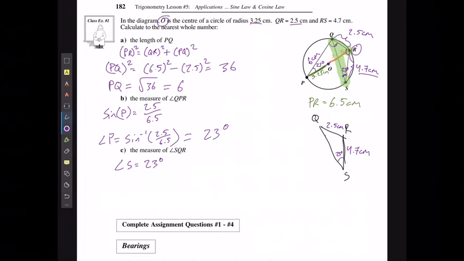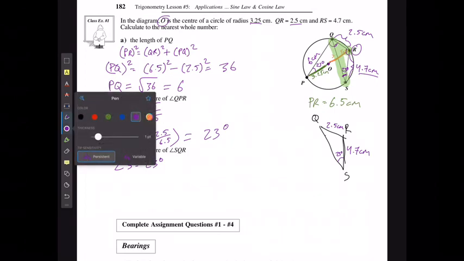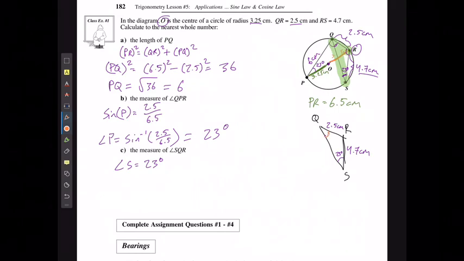Well, if I'm trying to solve for this side length here, I can use a sine law because I know S, I know its opposite, and I know the opposite of Q. Which means that when I'm solving for angle Q, sine of Q divided by its opposite, 4.7, is going to equal sine of 23 divided by its opposite of 2.5.